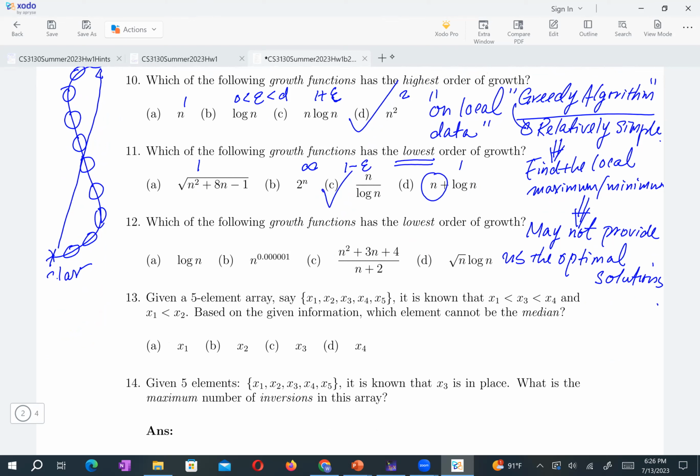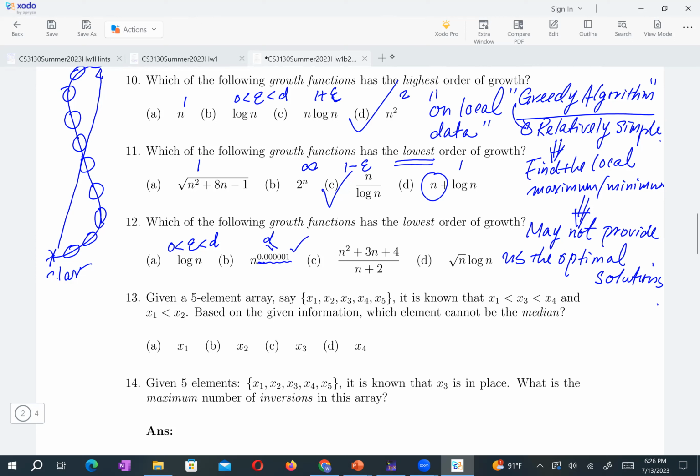Number 12, lowest order, log of n, epsilon order. Still, this epsilon is less than any positive integer. Here I do not write D, I just write the order.